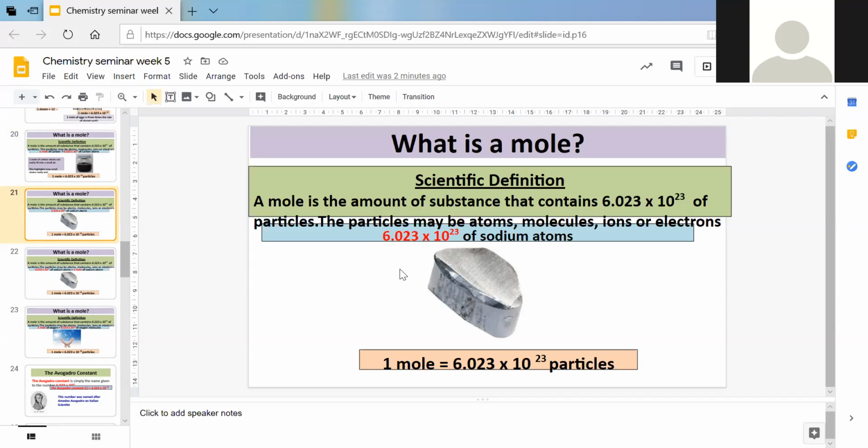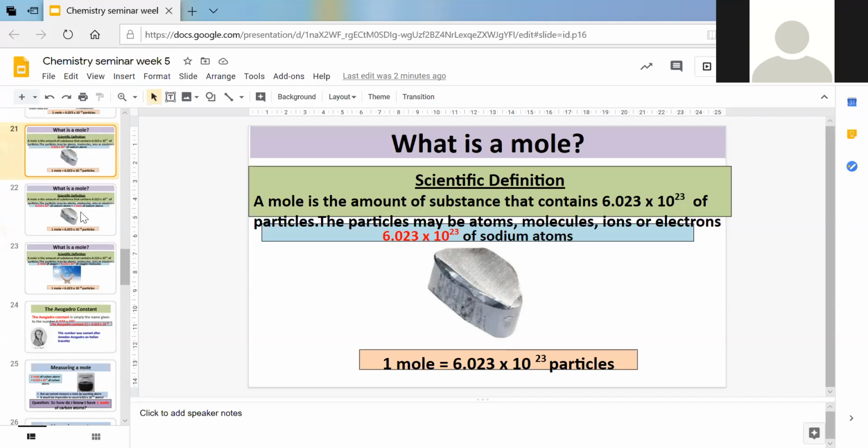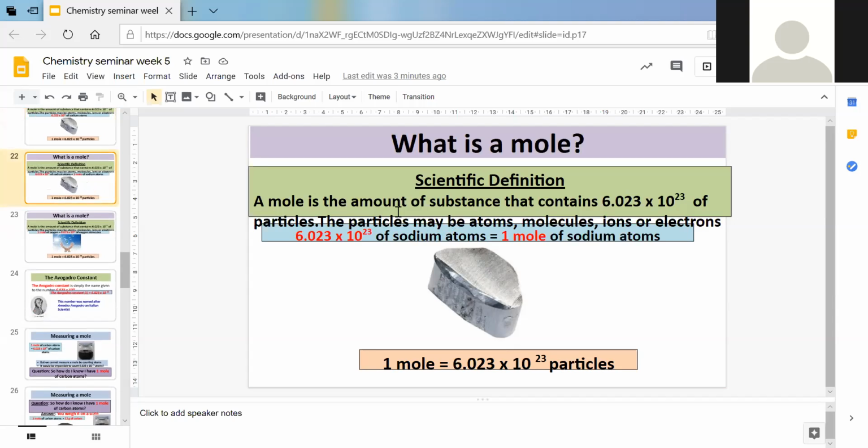I don't even know what 10 to the power of 23 is in words, but it's unimaginably large. So 6.023 times 10 to the power of 23 sodium atoms equals 1 mole of sodium atoms.